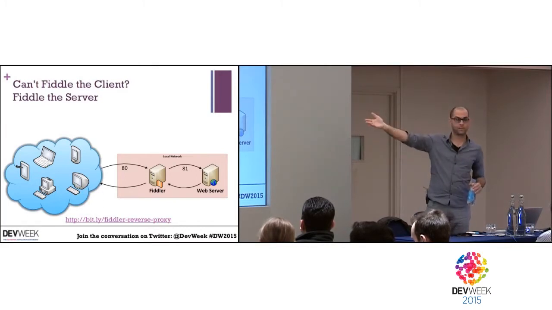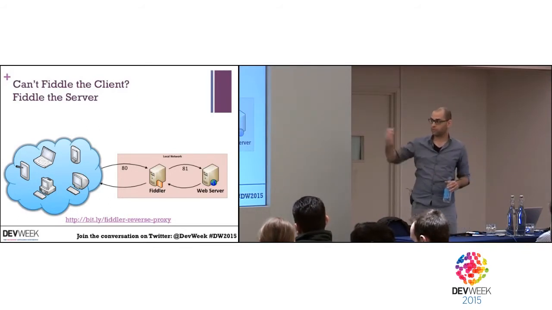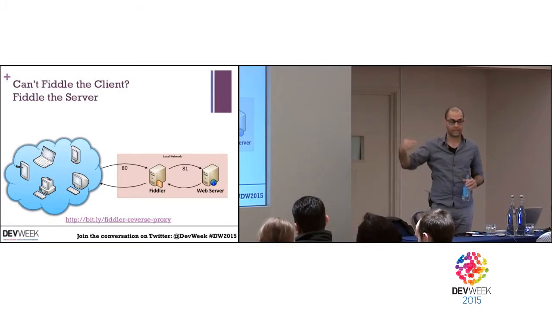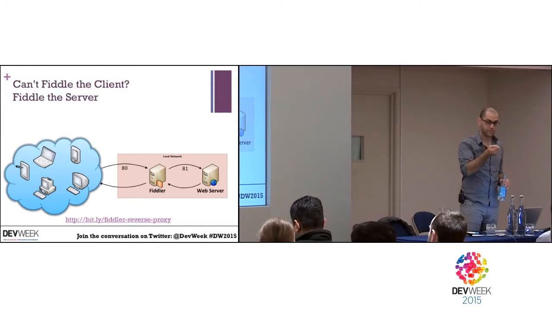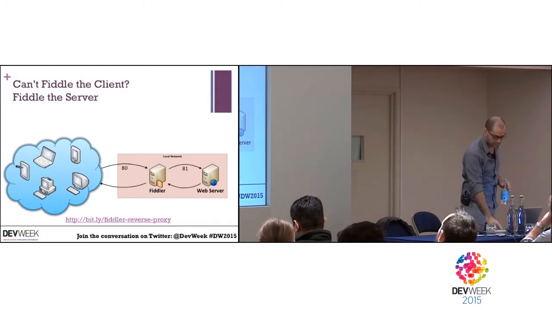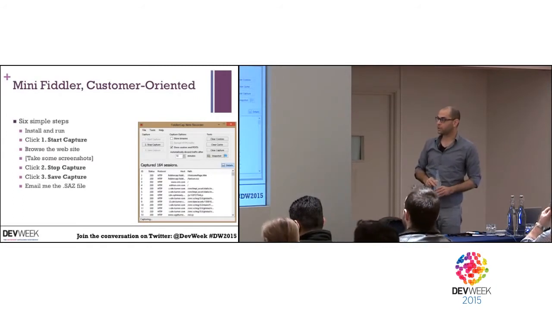So it will act as a reverse proxy and you can see all the data coming in from your clients. If you go to this link, it will show you exactly how to do that. It requires some registry configuration, and that's basically it, just running one simple thing in the application.